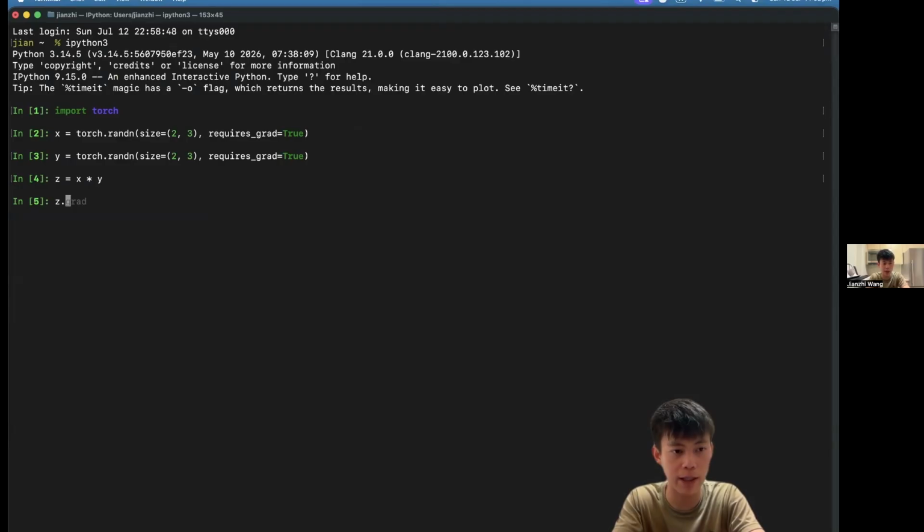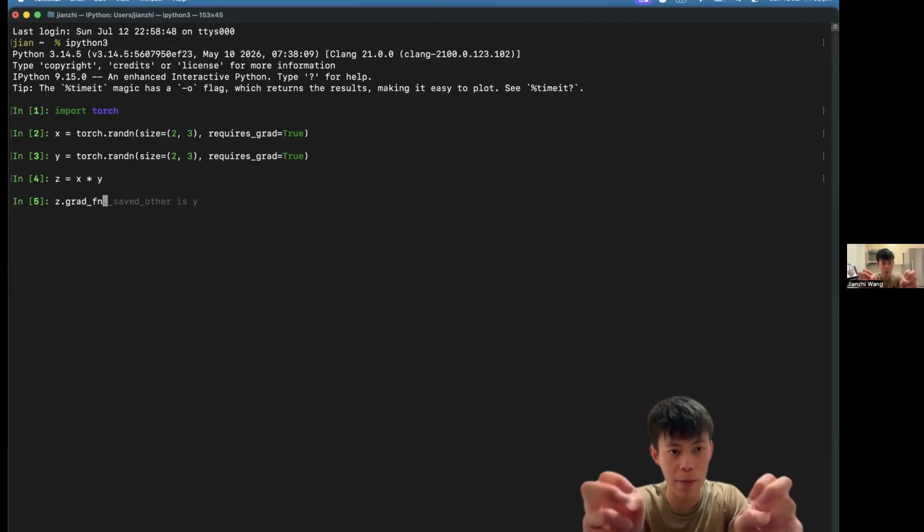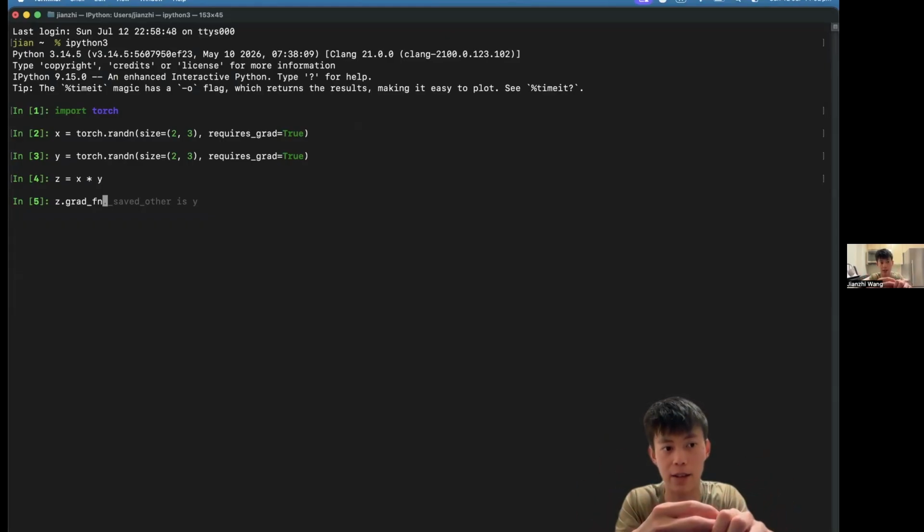So we should expect z.grad_fn to hold a function that is multiply backward. You can imagine all these grad_fn as remembering the function that produced the tensor. So in this case, z.grad_fn is the backward function corresponding to the function that produced z.